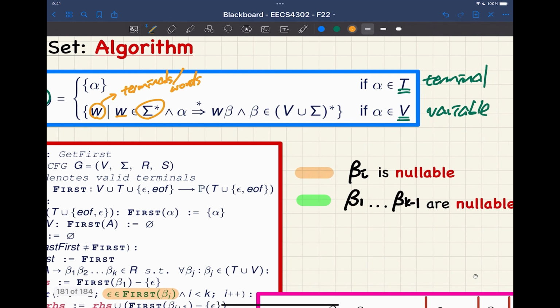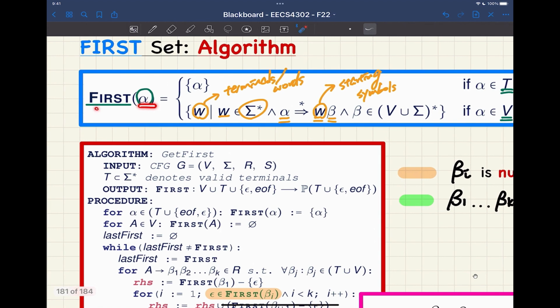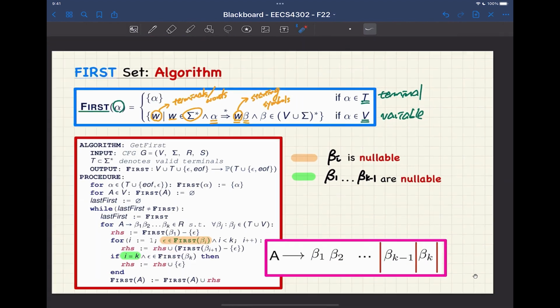For all such W, alpha is able to be derived into something starting with W, and the beta over here is something we don't care about. You can think about W as the starting symbols, and such a string can be derived from this alpha, which we want to calculate its first set. That's the definition.